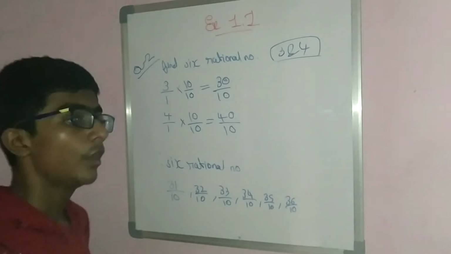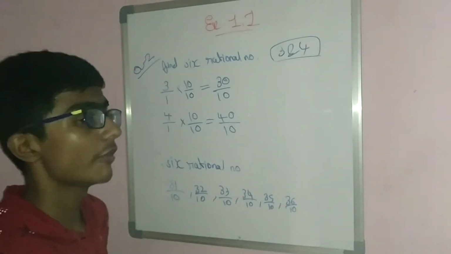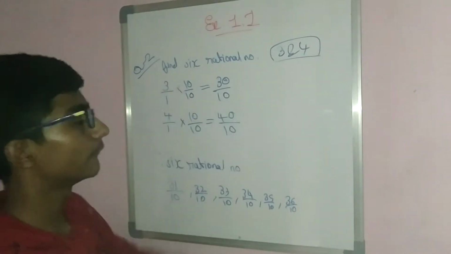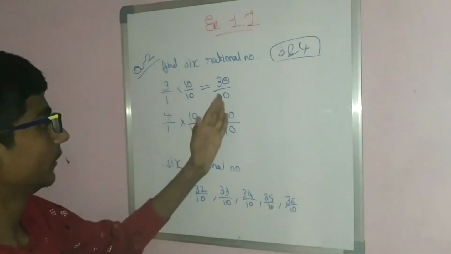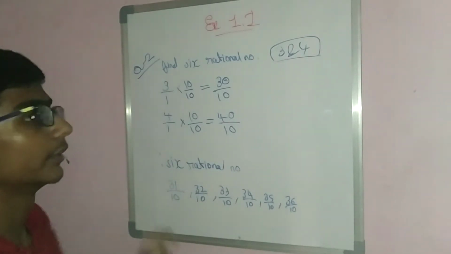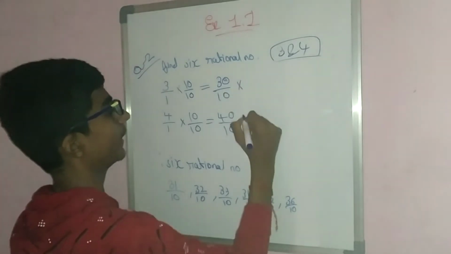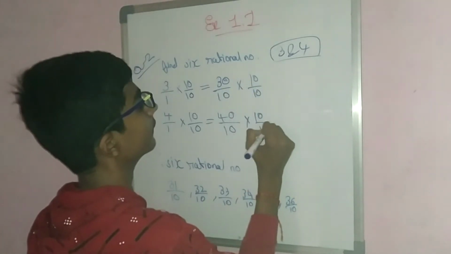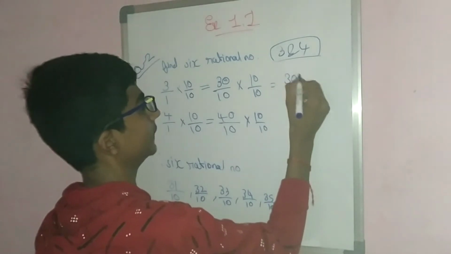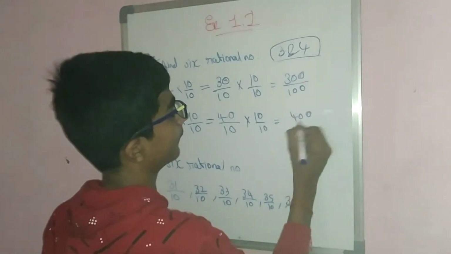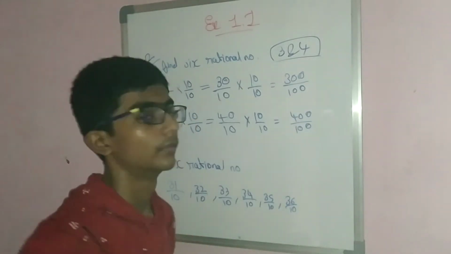Now, what if in the question you have been given find 20 rational numbers between 3 and 4? Here only 10 rational numbers are there. So what will you do? You will again multiply this with 10 upon 10. The answer will be 300 upon 100 and 400 upon 100.